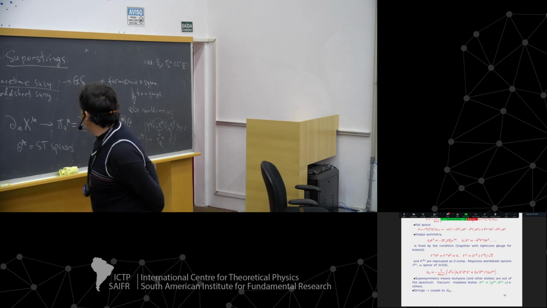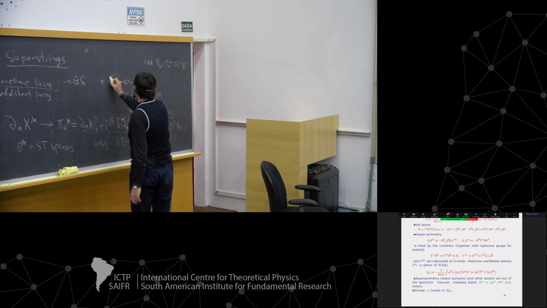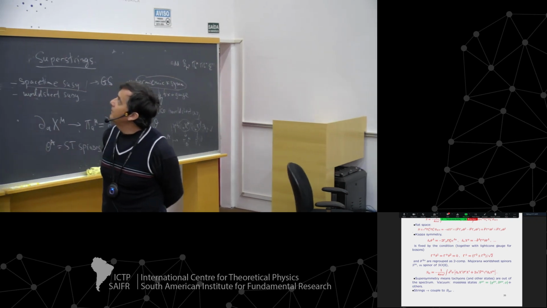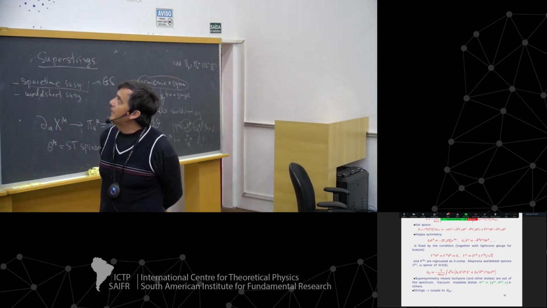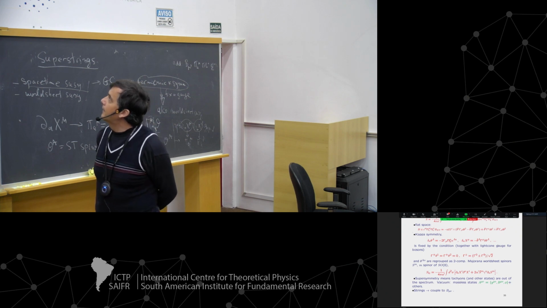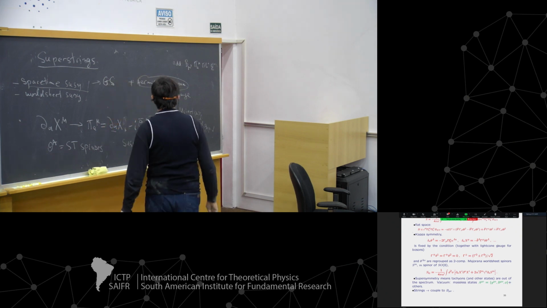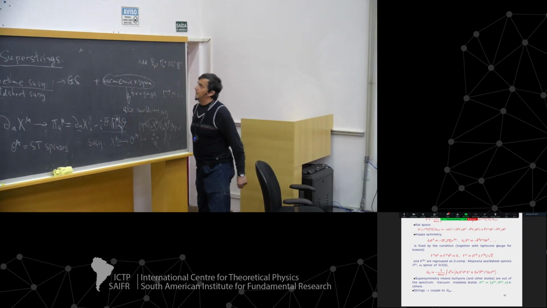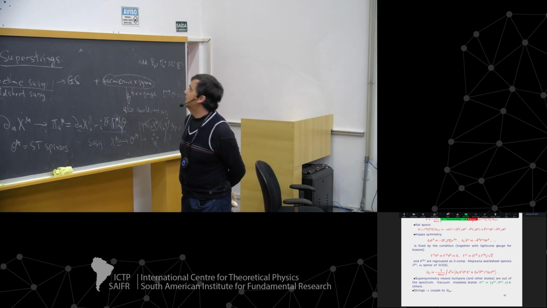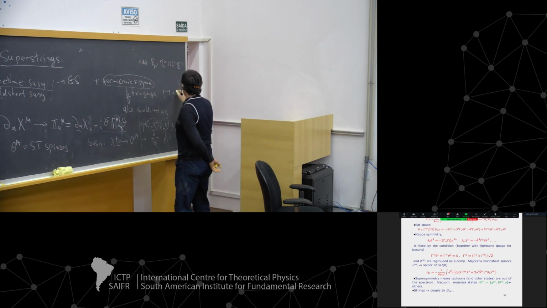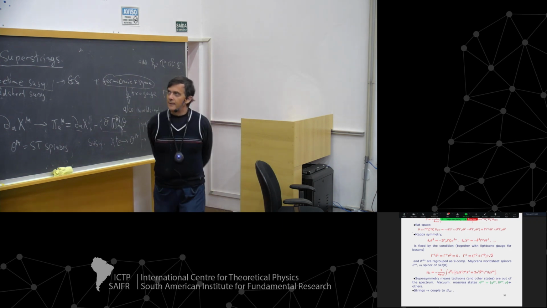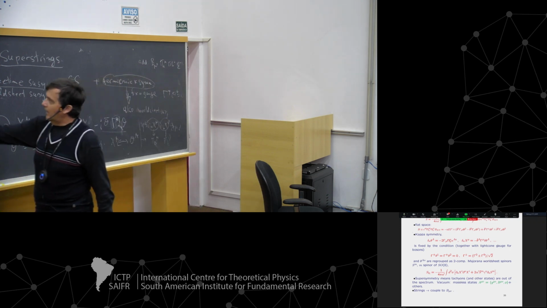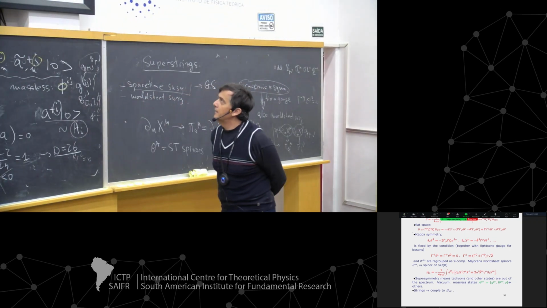There's also, as I said, this fermionic kappa symmetry, which, again, I'll not write down. It's written over there. Fixing the gauge amounts to this, gamma plus theta A equal to 0. And it's the fermionic equivalent of the light cone gauge that was considered before.